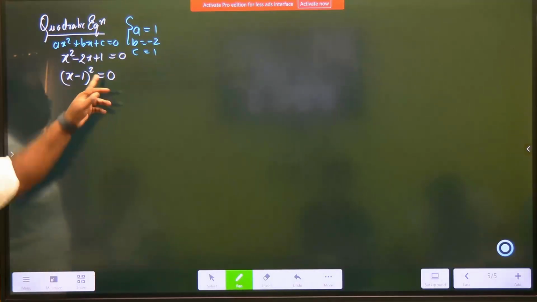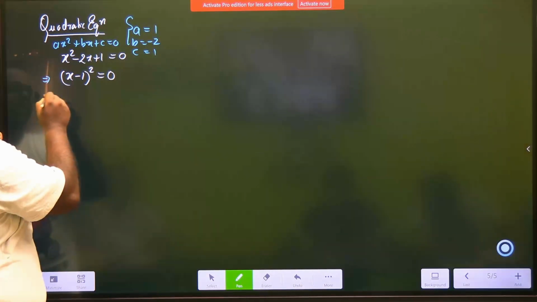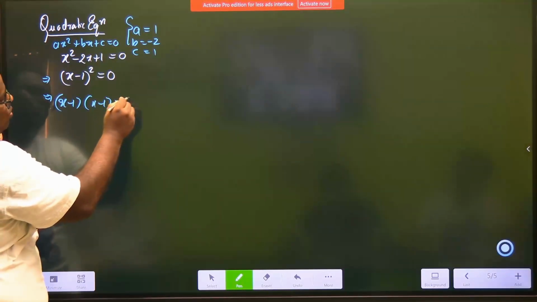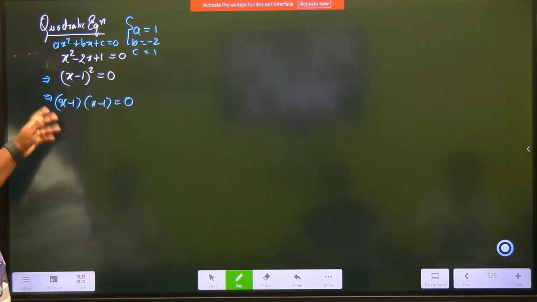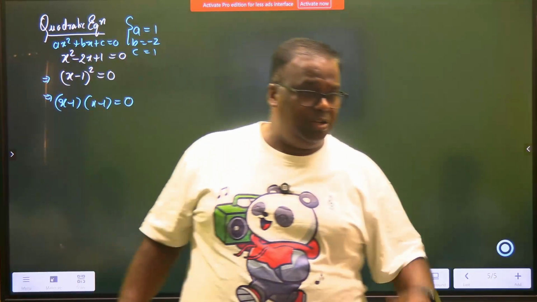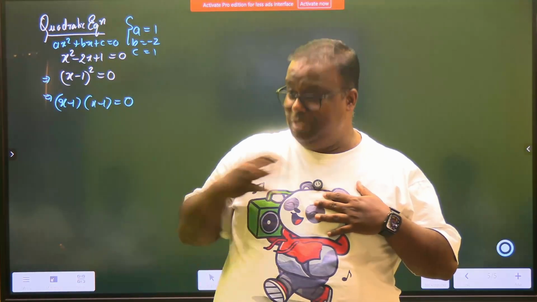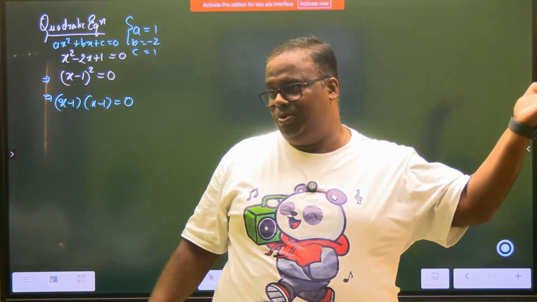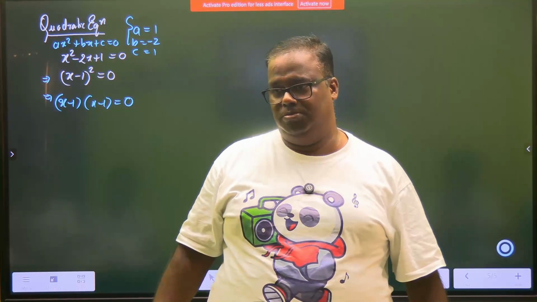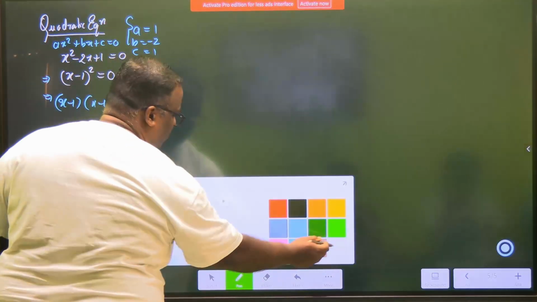We are now trying to solve this. If I factorize this further, what do I get? x minus 1 multiplied by x minus 1 is equal to 0. Something into something is equal to 0. That means either both are zeros, 0 into 0, or one is 0 and the other is not 0, then also it is 0. That is the only criteria possible. So let's try to solve this. A little bit of quadratic equation.